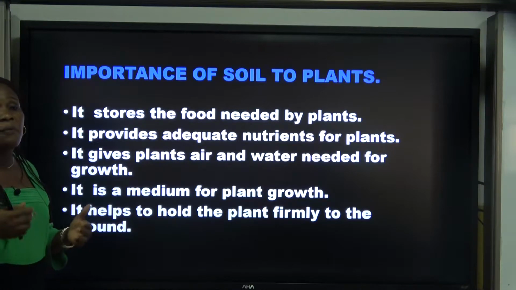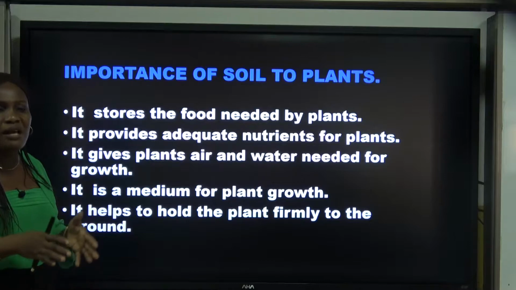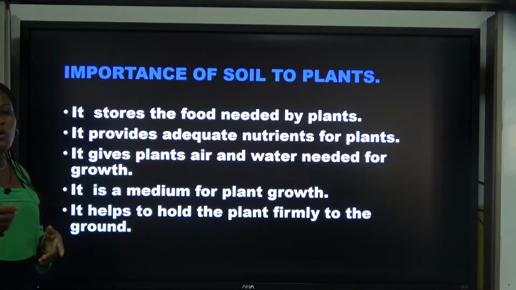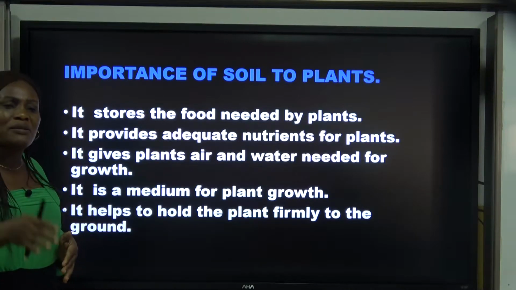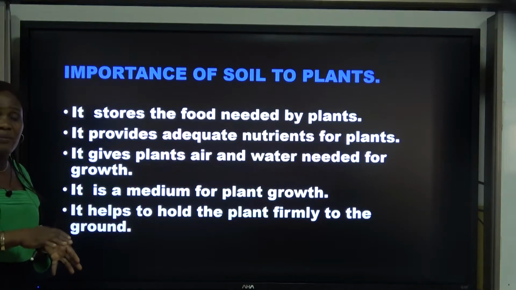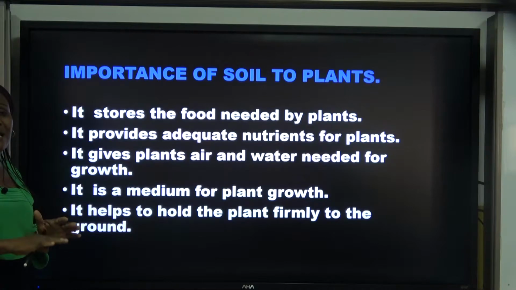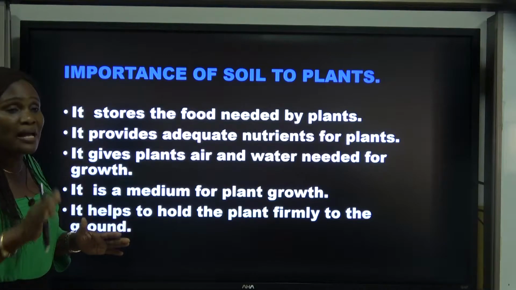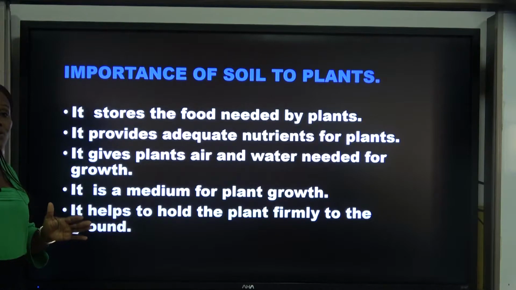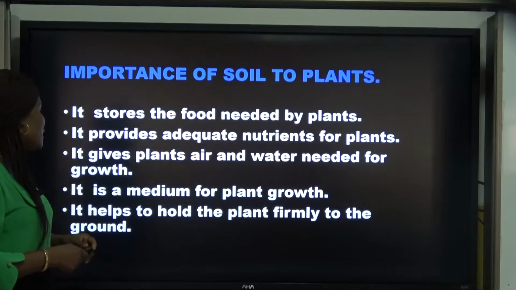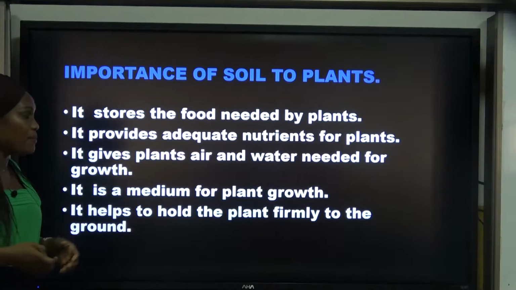It's a medium for plant growth. Without soil, where will you plant? Will you plant it in the air? When you plant the crop in the soil, it will grow, and from there you see the plants growing until it gets to maturity. It helps to hold the plant firmly.